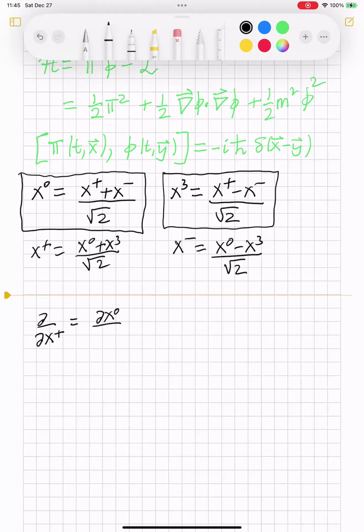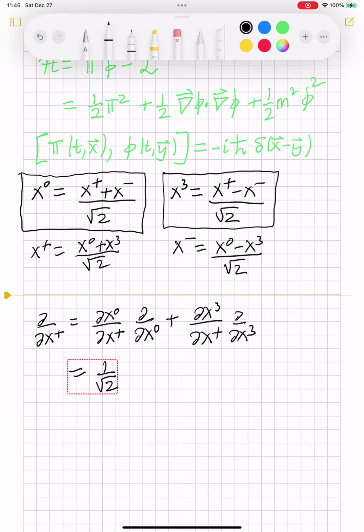So we can say by the chain rule, this is dx naught dx plus d by dx naught plus dx3 dx plus d by dx3. The good news is we've got x naught and x3 above. If we differentiate x naught with respect to x plus, we get 1 over the square root of 2, and if we differentiate x3 with respect to x plus, we also get 1 over the square root of 2.